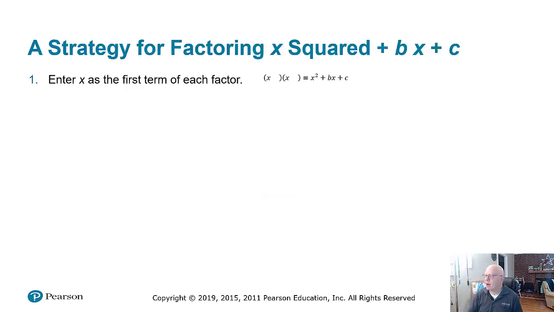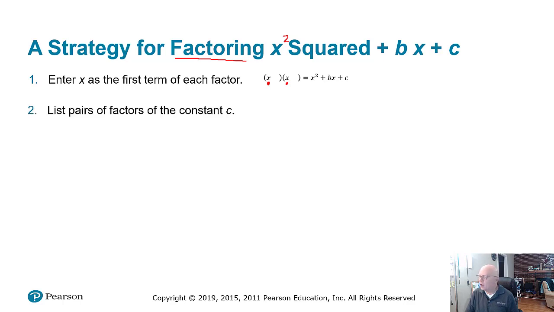Next, so how do you factor something that has x squared plus bx plus c? Well, first thing you do is, since you know that x squared you get by multiplying x times x, when you're factoring, you put the x's in first. If it's 1x squared, it's got to be an x and an x. Second, look at this term out here, the c, the constant term.